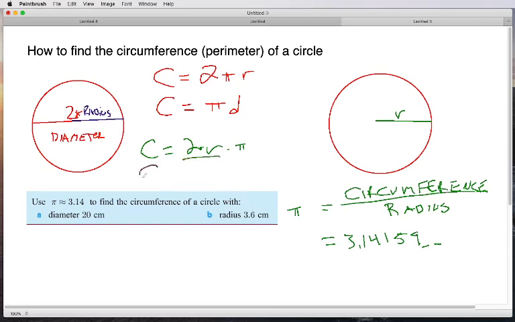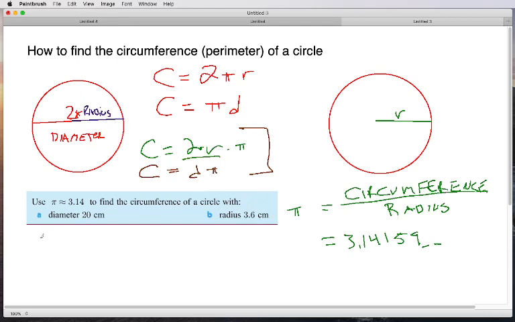So that's why we have another formula, which instead of writing 2r, we can write d times pi. Depending on what the question is, we can use one formula or the other. So 2 times the radius is the diameter, and these two formulas are the same thing. One just uses the radius, one just uses the diameter.